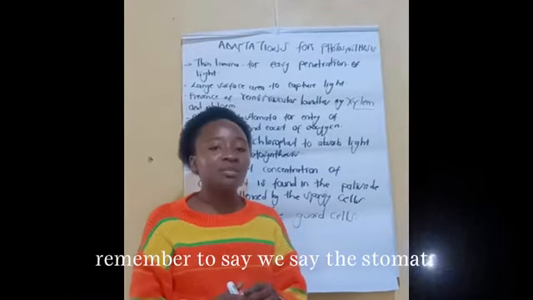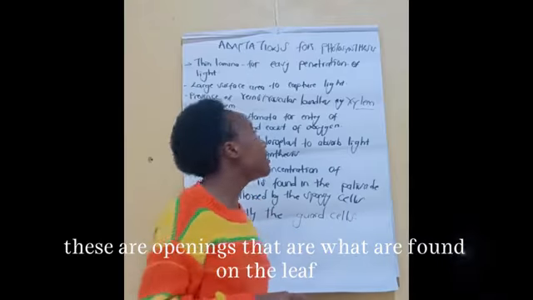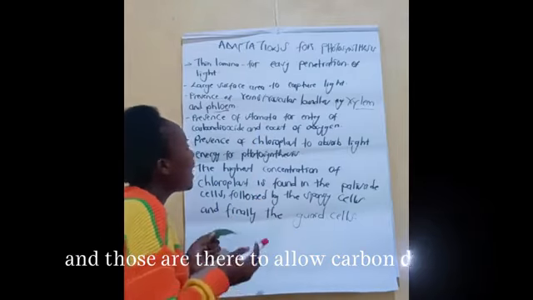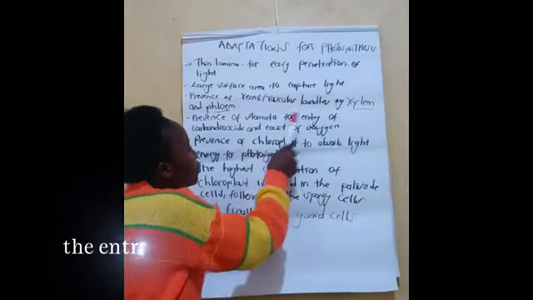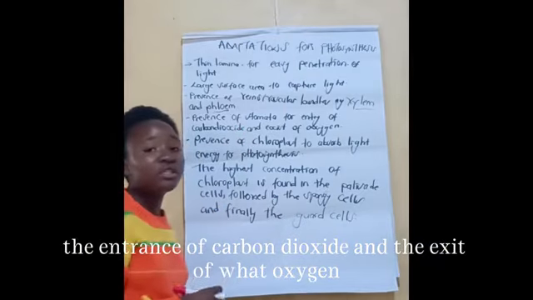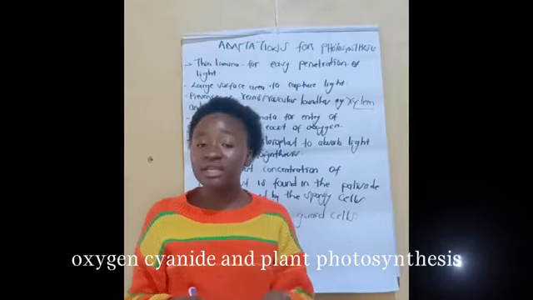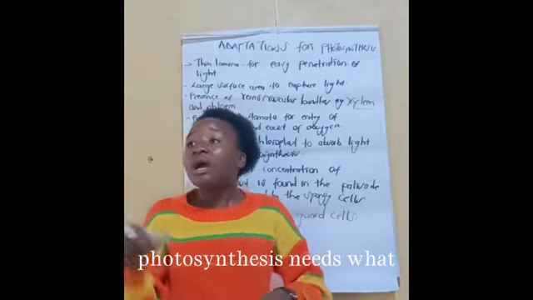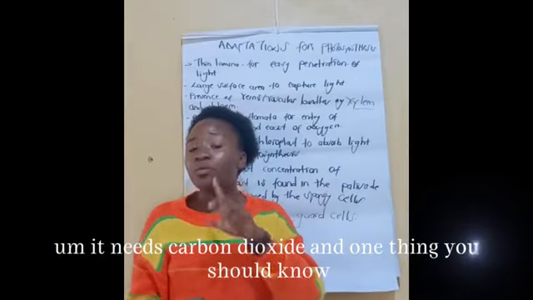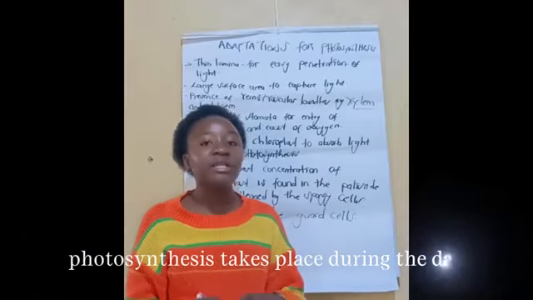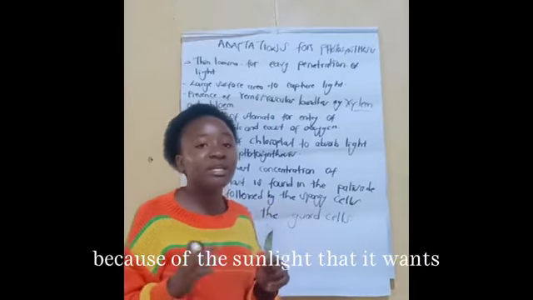Remember, the stomata are openings found on the leaf, and they are there to allow the entry of carbon dioxide and the exit of oxygen. Photosynthesis needs carbon dioxide. And one thing you should know: photosynthesis takes place during the day because of the sunlight that it acquires.